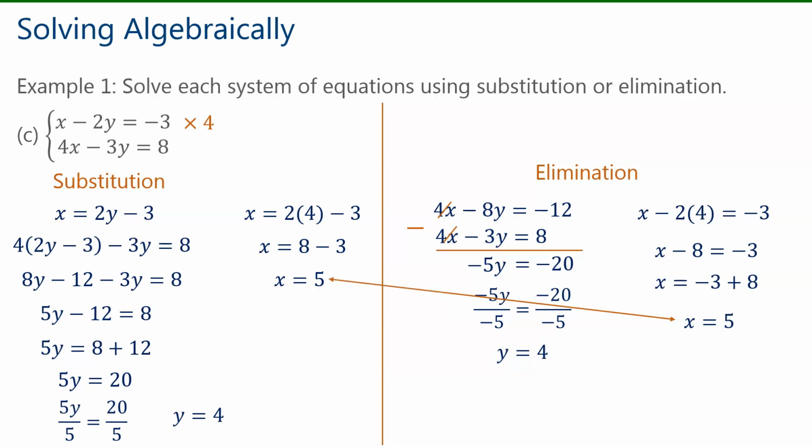Once again, that's the same value we got when we did substitution. So now either way, the solution is (5, 4). Here's a case where there's roughly the same amount of work. It was just personal preference as to what you like to do.